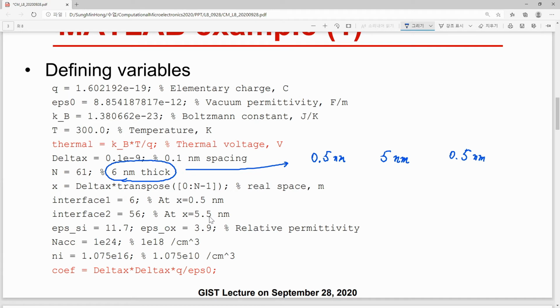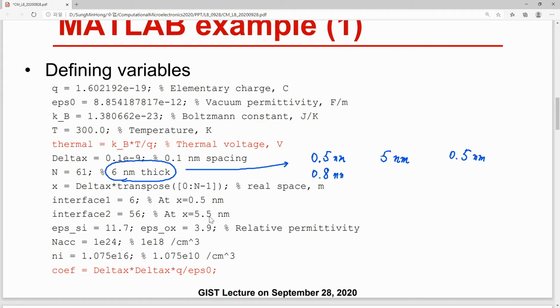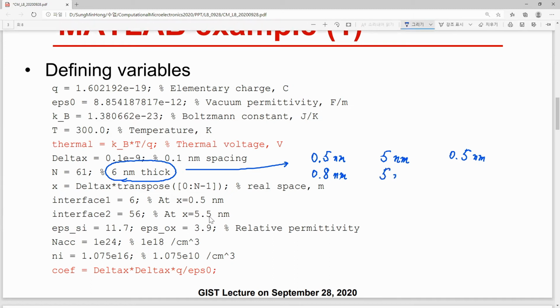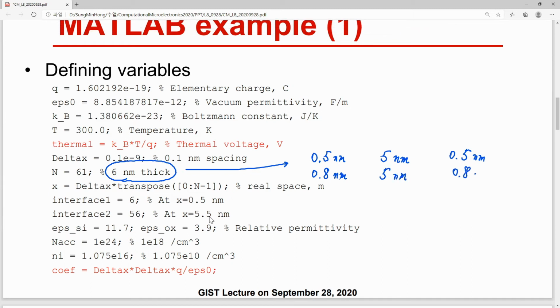This is the given structure used in our example, and in your homework please use different numbers like this. So the oxide thickness is increased to 0.8 nanometer instead of 0.5 nanometer.